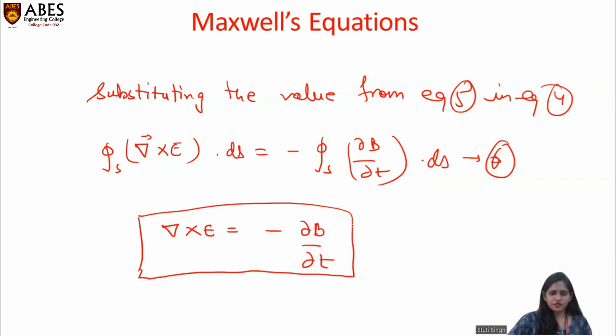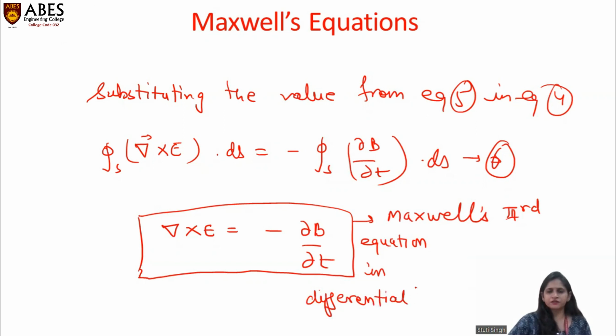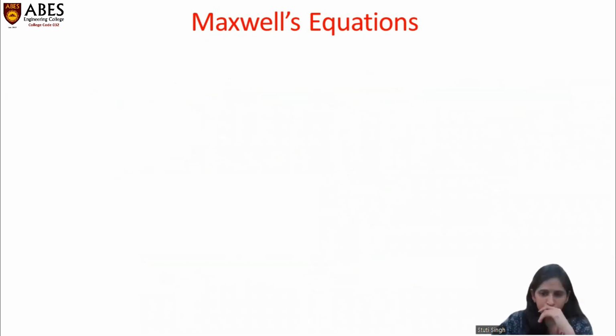This differential form is representing Maxwell's third equation in differential form. Again, what does it signify? It signifies Faraday's law of electromagnetic induction. So in the next video, we will be talking about Maxwell's fourth equation. Okay, students.